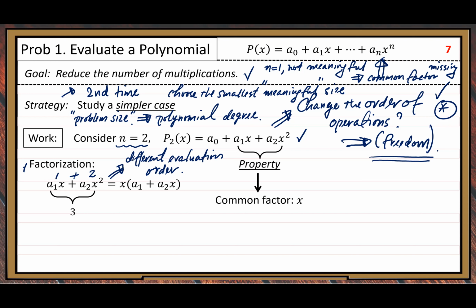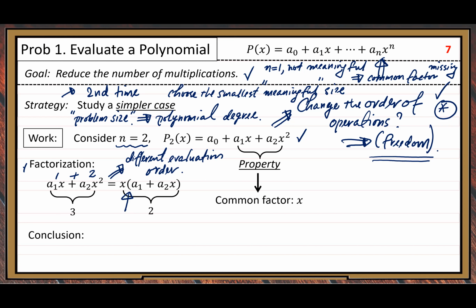Now let us look at the right-hand side and count the number of multiplications. Only 2. Why 2? Look at 1 multiplication here, x times the parenthesis.